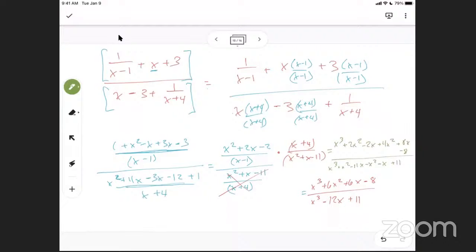So you're going to get x cubed plus 6x squared, which checks out, plus 6x minus 8, yep, that's the same thing. And then the bottom, yep, those cancel out, it's the same thing. So that just means we did it right both ways.